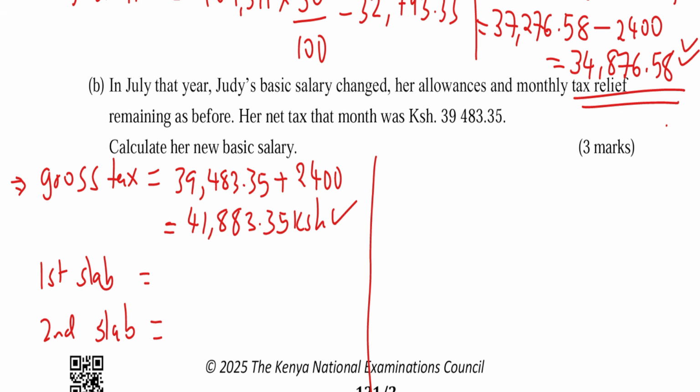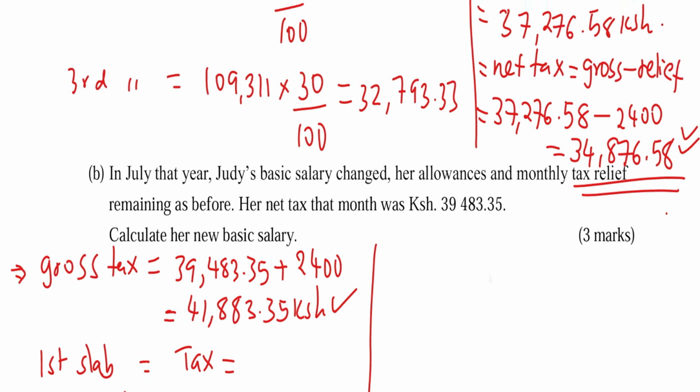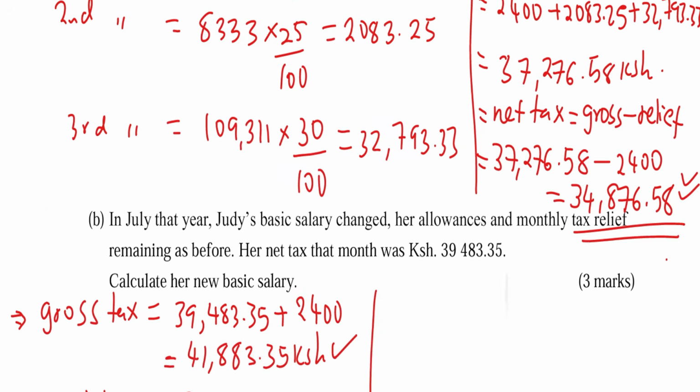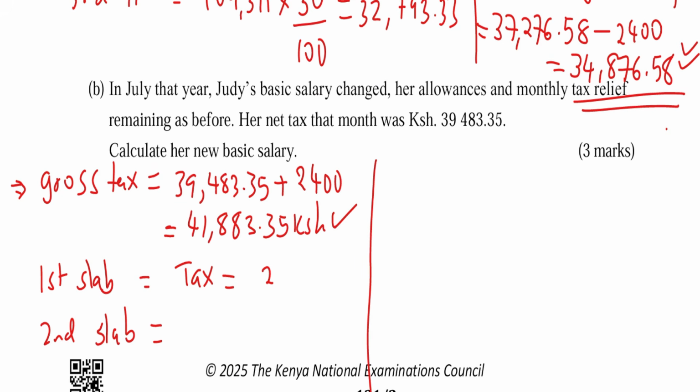When you see 34,000 or 41,000, somehow very close, it still means that it's in the third slab. So in the first slab, your tax was 2,400, okay, and the tax in the second slab you got was 2,083.35.